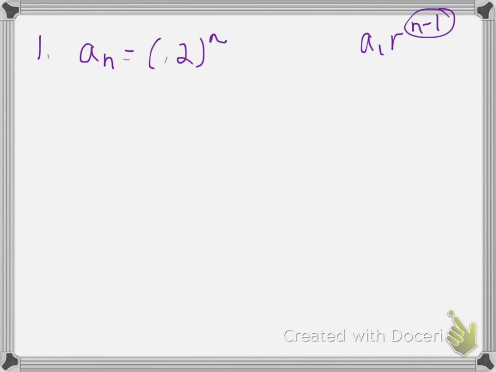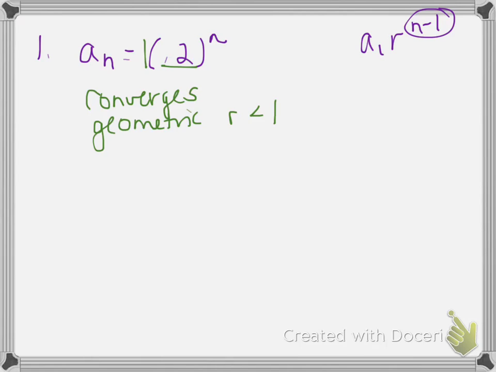So the a1 here is like a 1, and the r is like a 0.2. So that's why that is a geometric sequence. This one converges because it's geometric, and r is less than 1. Which means it converges to 0 because the limit of this sequence is 0.